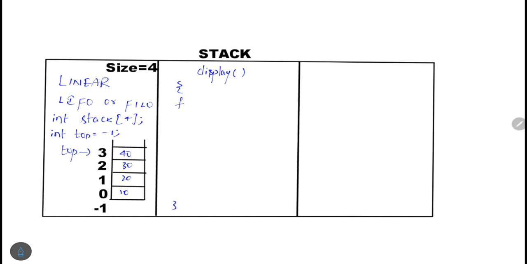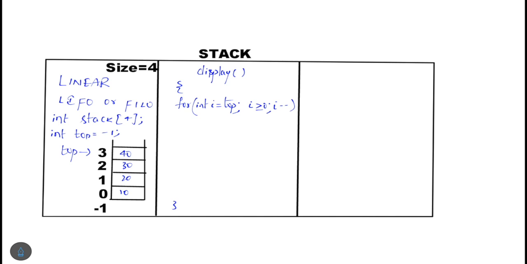So use a loop: for int I is equal to top, because you are starting from the top index position, and I greater than or equals to 0. So until you reach 0, and I should be decremented every time, because you are trying to work from the top to bottom, right?